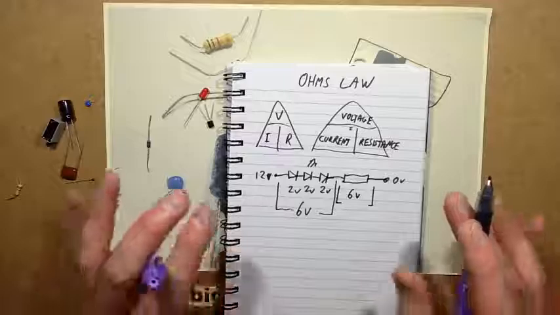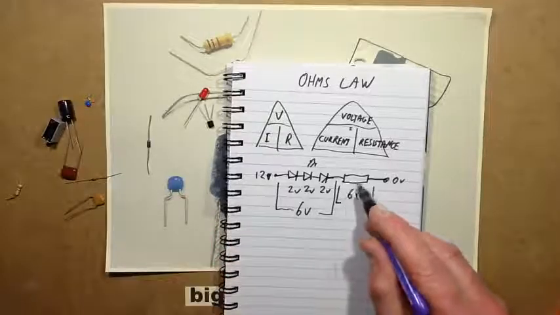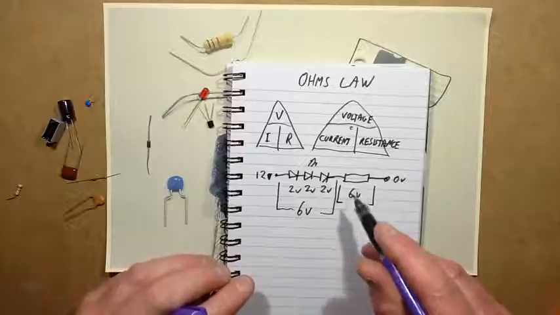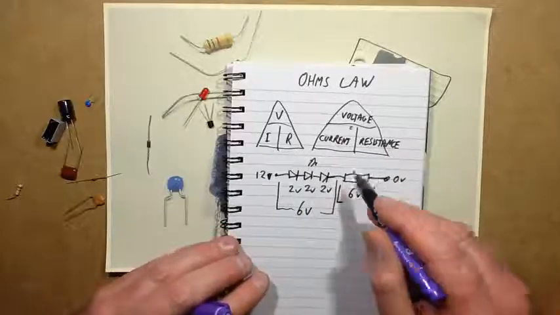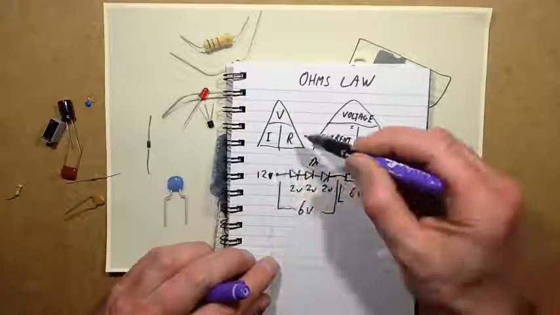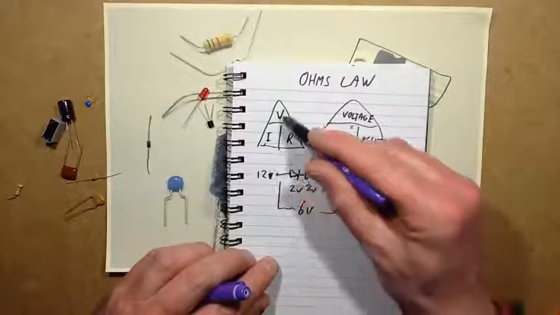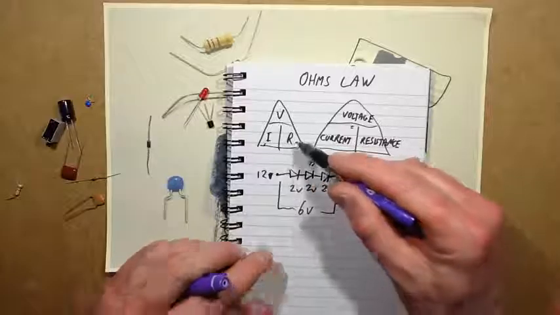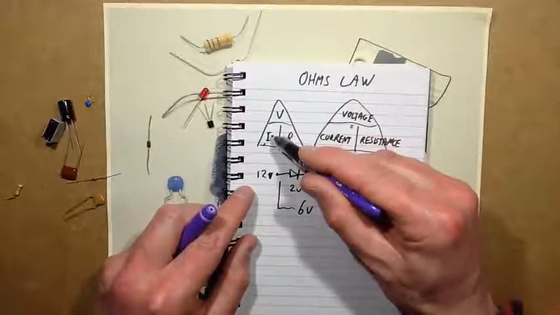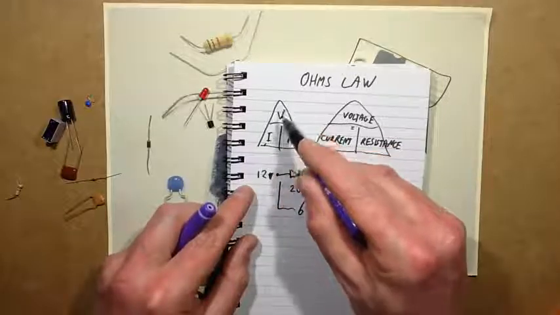So to work out the choice of the resistor value in ohms, you would use R equals V over I. Oh, sorry, I should mention here, V equals IR, voltage equals current times resistance, but if you want to reverse that formula, resistance equals voltage divided by current, and current equals voltage divided by resistance.